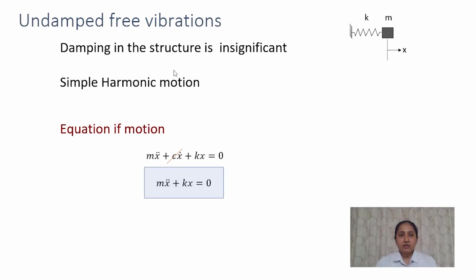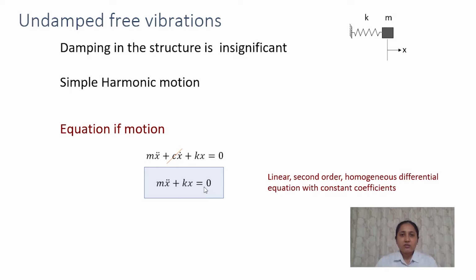So the equation of motion for these types of structures will be m x double dot plus k x is equal to 0. If you remember your differential equations, this is a linear second order homogeneous differential equation with constant coefficients. Homogeneous because no force is acting on this system.